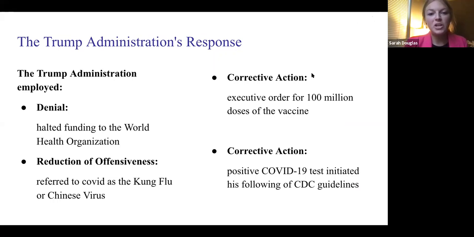The Trump administration's response used denial, reduction of offensiveness, and corrective action. In denial, he halted the funding to the World Health Organization. His administration and Trump made a statement saying that the World Health Organization was the one responsible for all the deaths of COVID, and that they basically downplayed COVID.